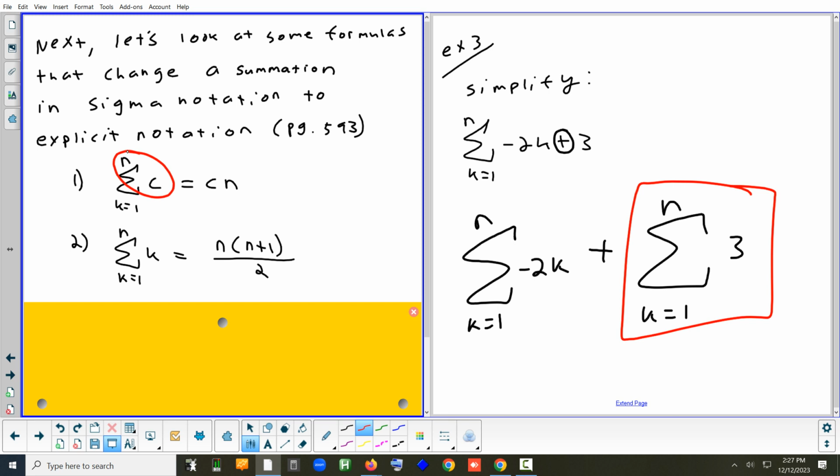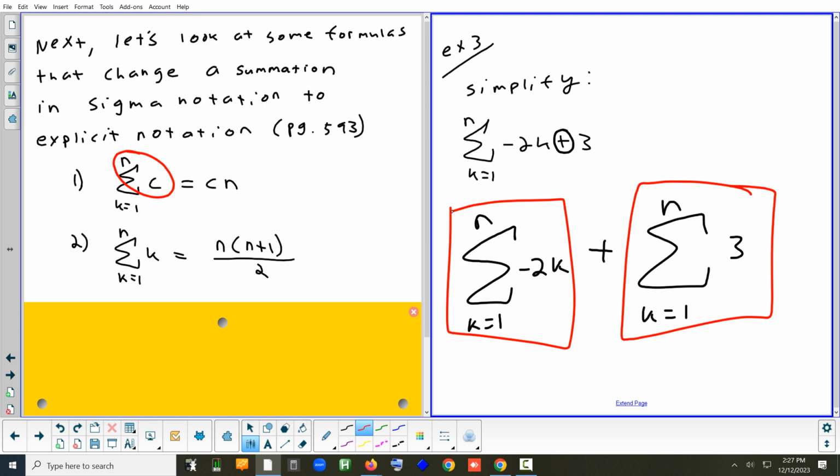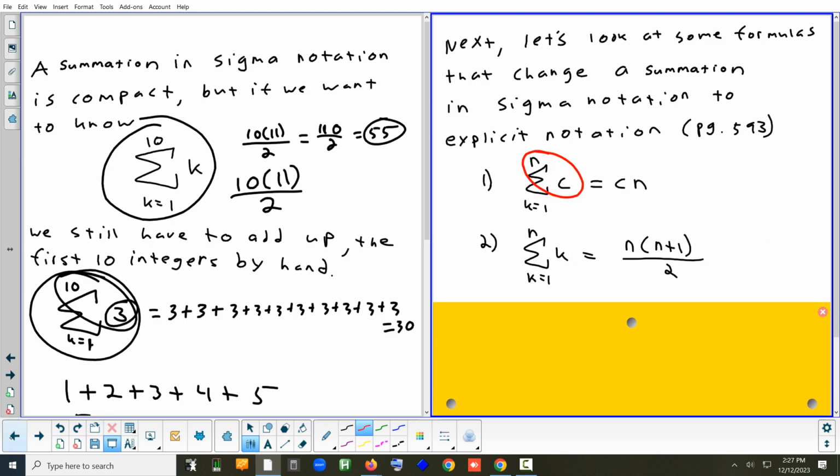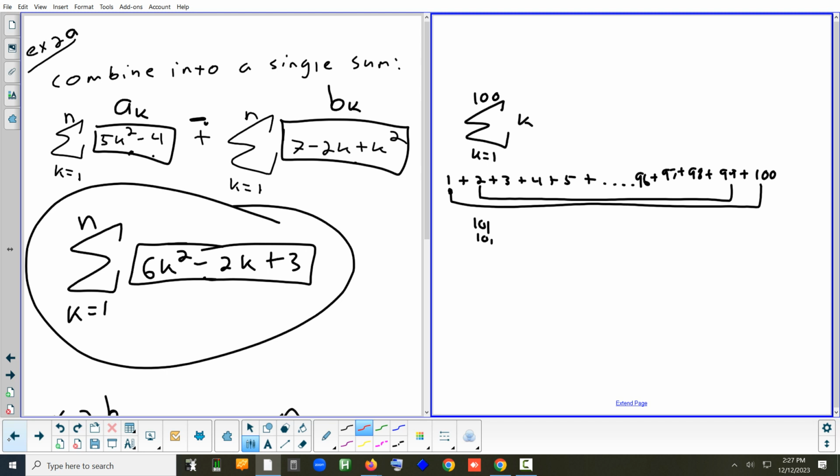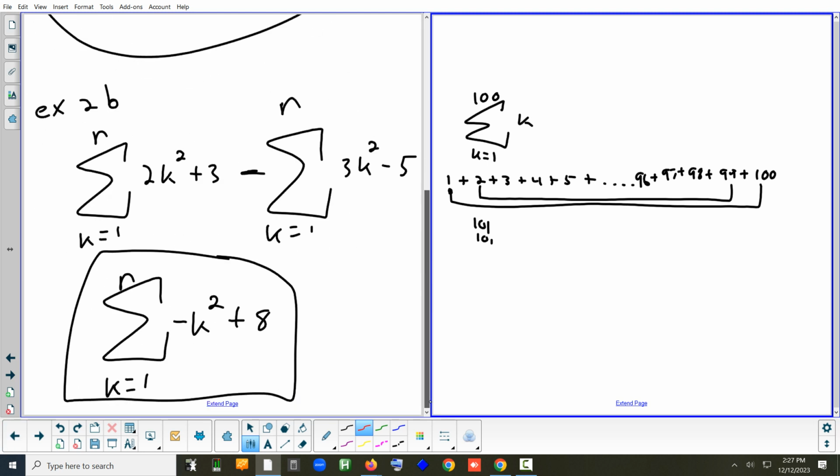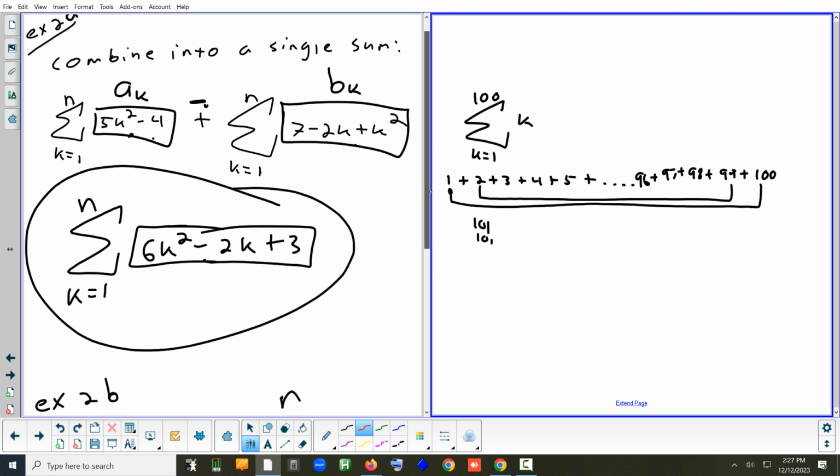Now, does this one look kind of like one of these? Yeah. Kind of looks like 2, but there's a number in front of the k. Now, earlier we said that if you have a number, where was it?